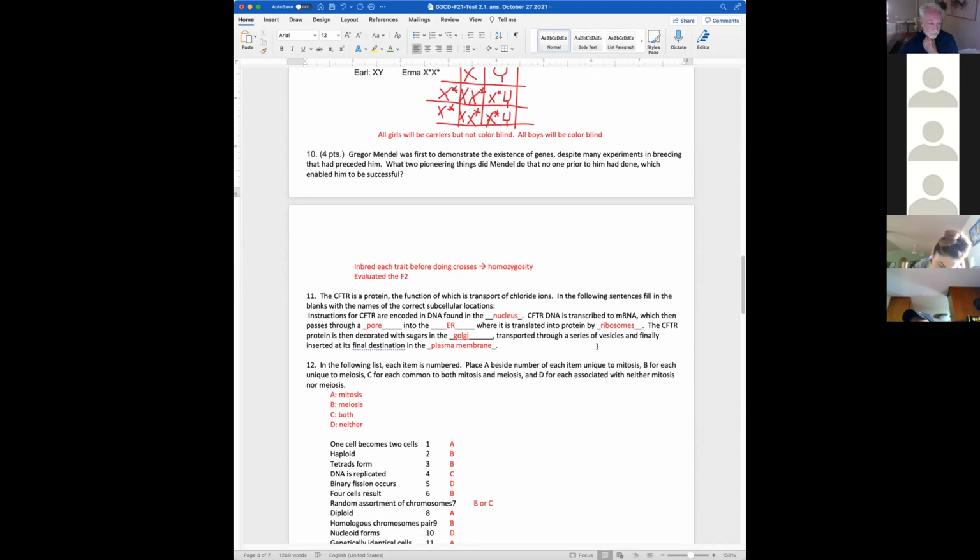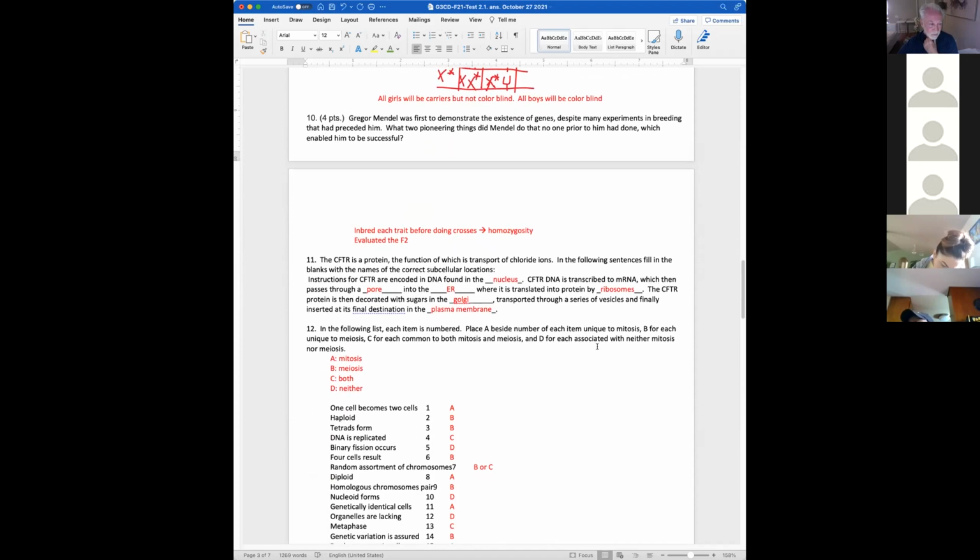And then we go to CFTR. You're all very familiar with that by now. And this is the pathway of CFTR from the nucleus to the plasma membrane. So to fill in the blanks, instructions for CFTR are encoded in DNA found in the nucleus. The DNA is transcribed to RNA, which then passes through a pore.